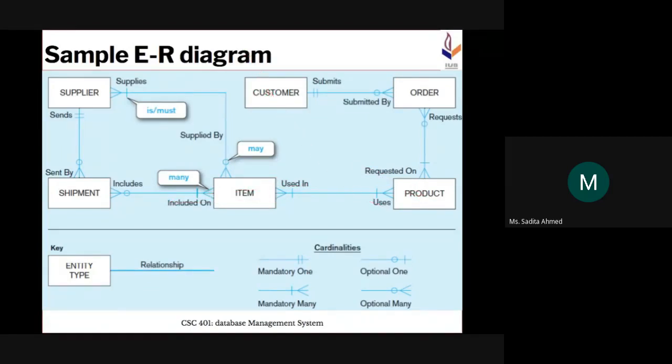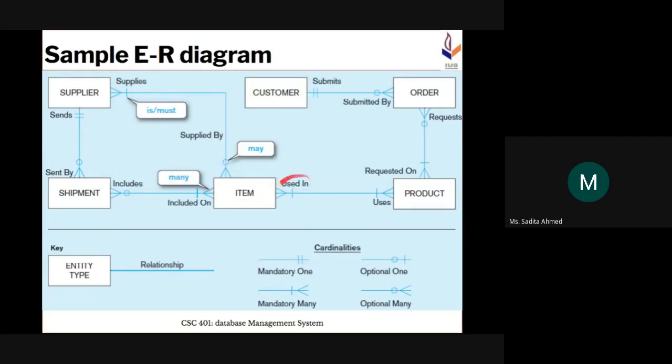Like that, you go one by one. Now, coming back to the may, must parts, every single one of these notations has a significance. See here, between supplier and item, on the side of the item, before the crow's foot, we call this a crow's foot, this three-legged thing. Right before this crow's foot, we have a circle.